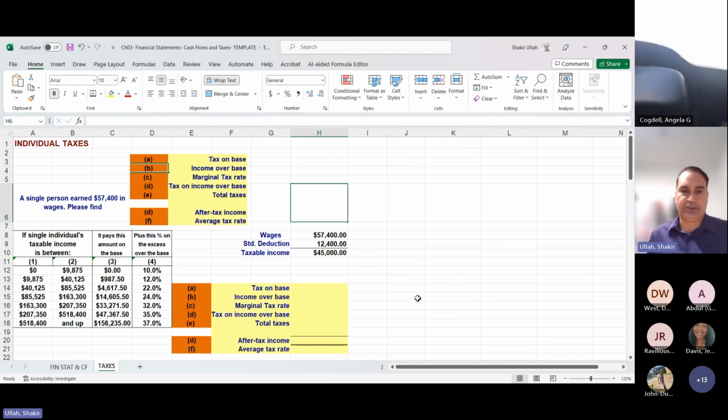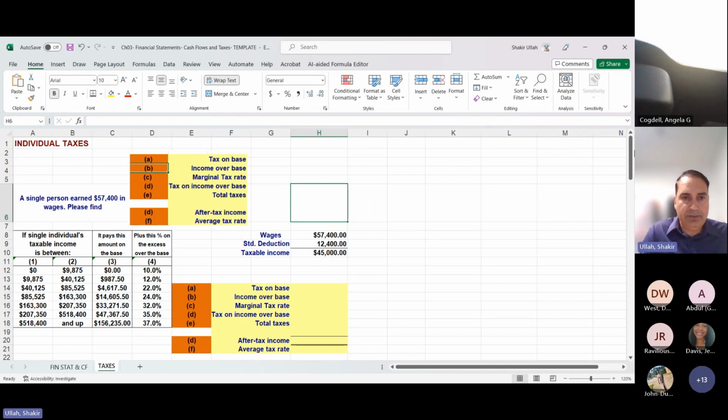Now, when you file your taxes at the end of the year, most of the people do it through the accounting firms, and you may already be aware of what is happening there.